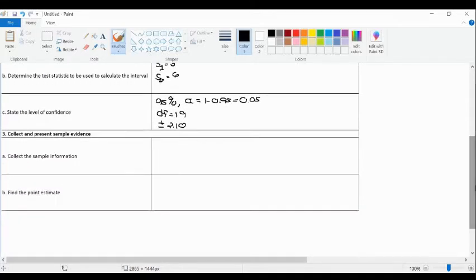Okay, so now we're going to collect and present sample evidence. For the first step, we're going to collect the sample information. So the sample information consists of 20 scores for each group. From the experimental group, we have n equal to 20, and your degree of freedom is 19.